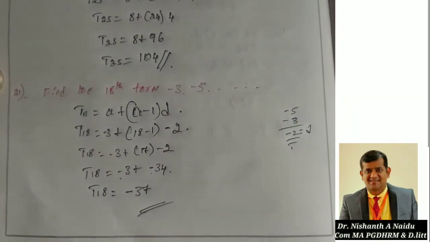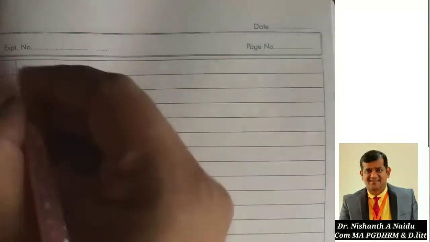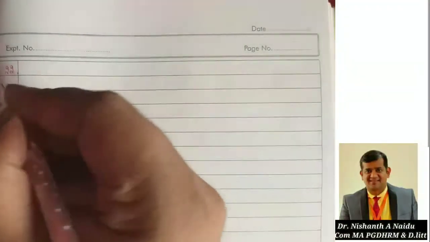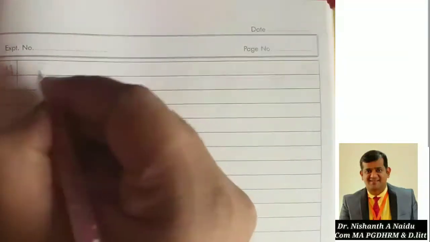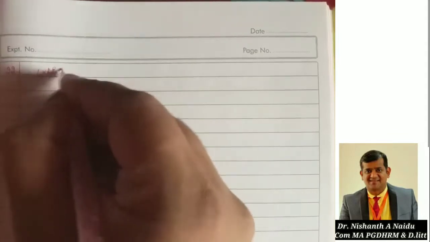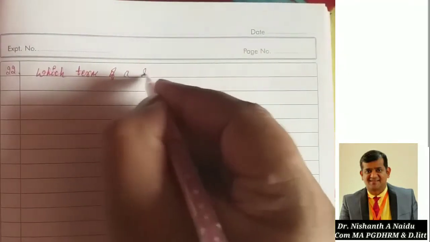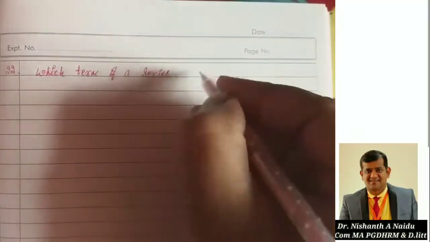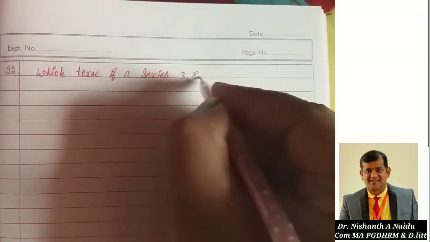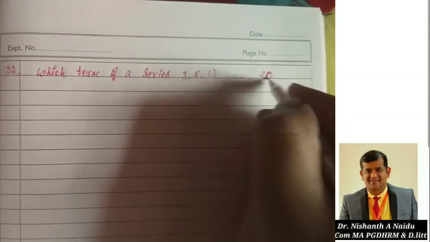Okay. So next we are going with the next problem. Problem number 22. Which term of the series 3, 8, 13, and so on is 208?